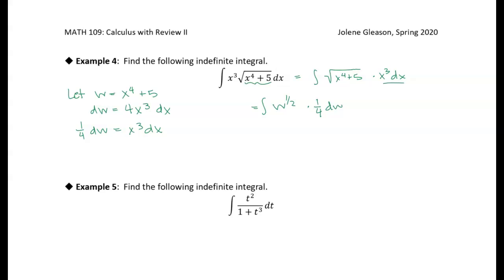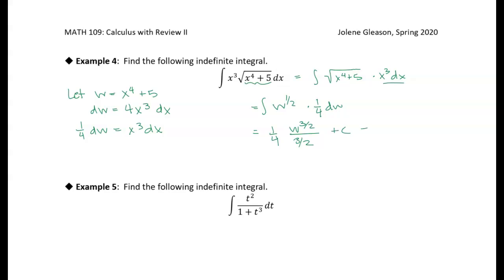Now I'm going to pull the 1/4 out front, and then the antiderivative of w to the 1/2 is w to the 1/2 plus 1, which becomes 3/2, all over 1/2 plus 1, which is 3/2, and then plus c.